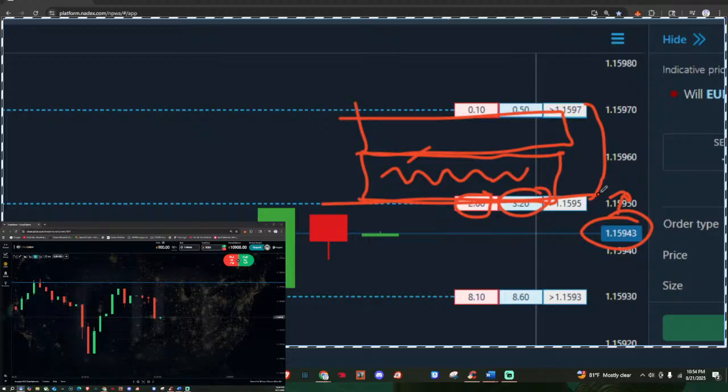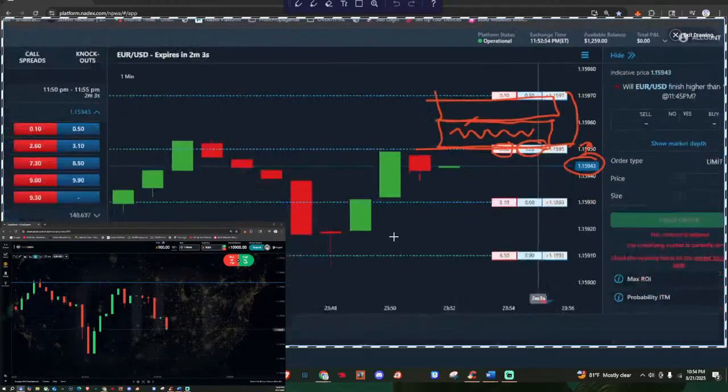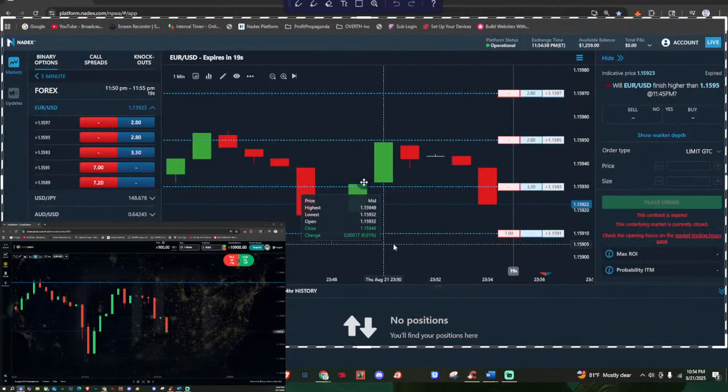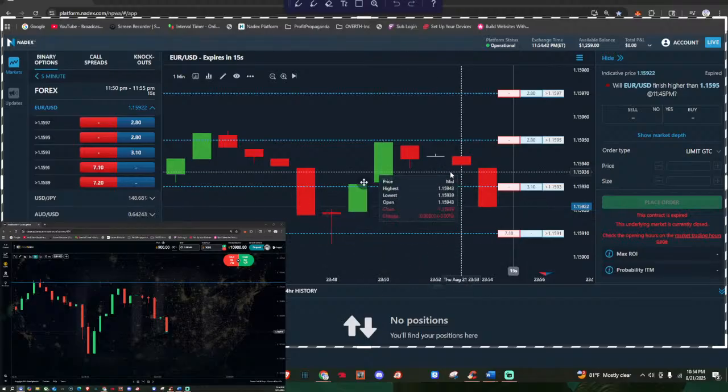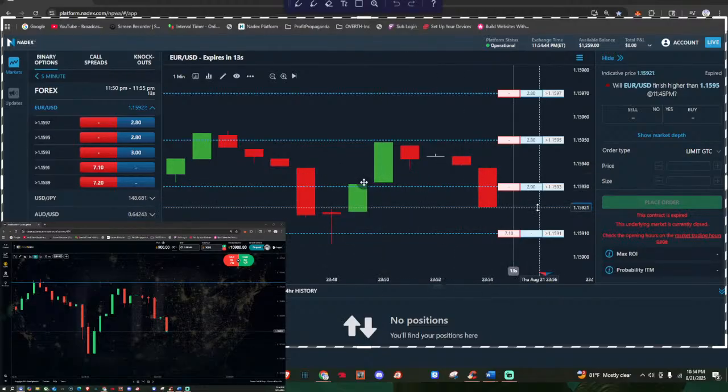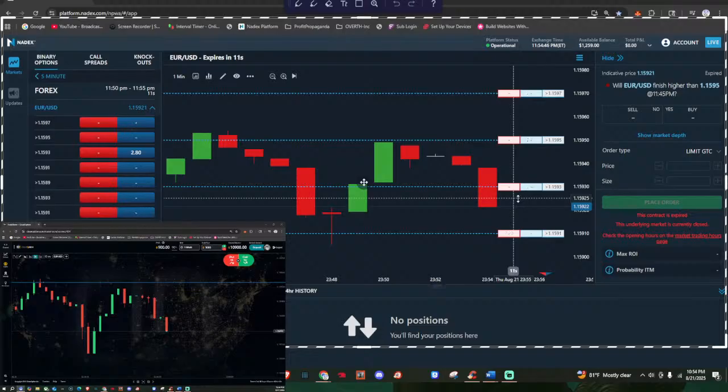All those things have to come together on this platform based off of not position, but based off of movement.